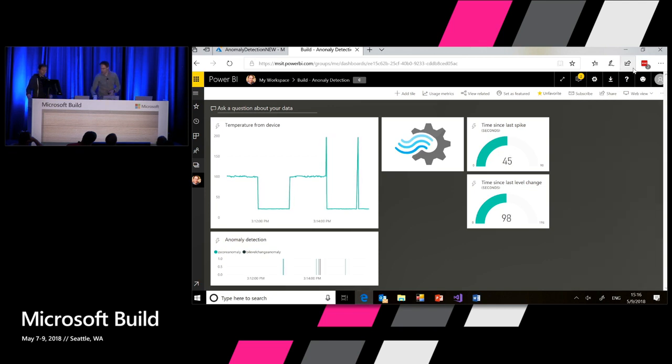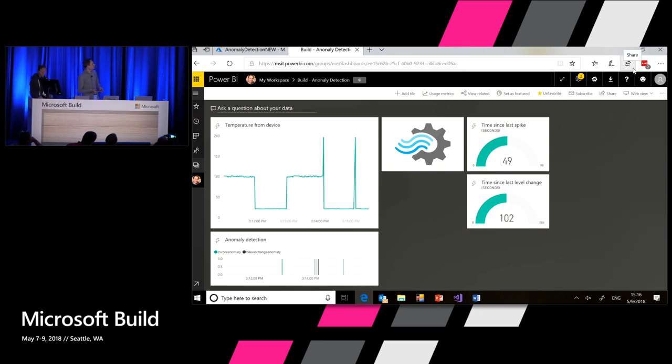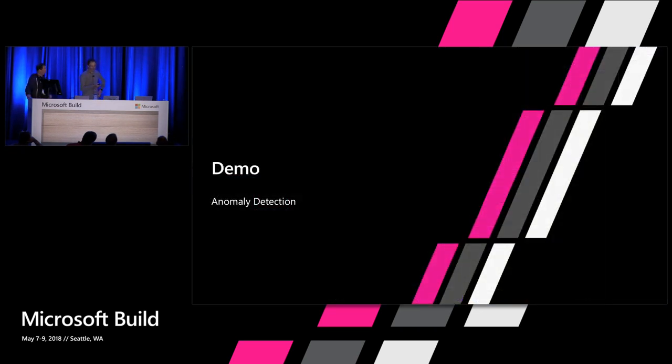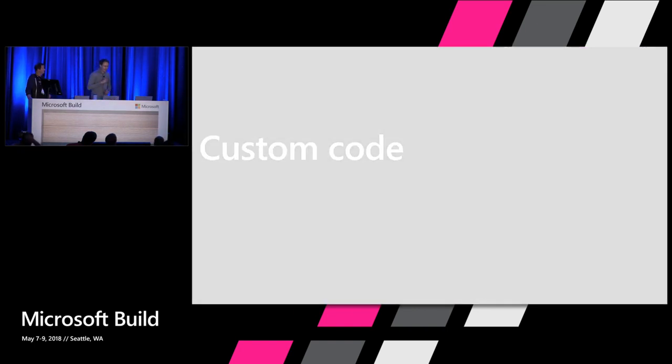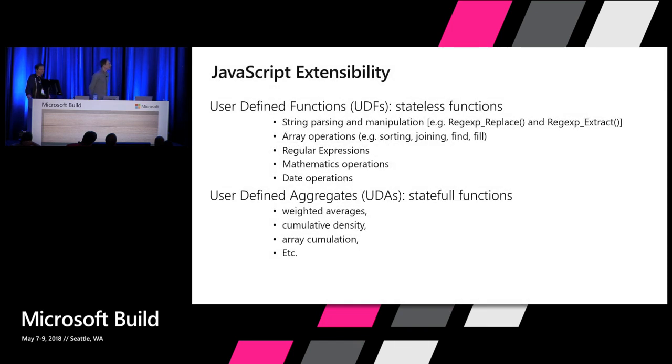So let me go back to the presentation then. Thank you. That's a good transition actually for custom code. Last year, we added JavaScript support for UDFs, user-defined functions. Those are stateless functions, so you can do string parsing, manipulation, array operations, regular expressions, math operations, for example.